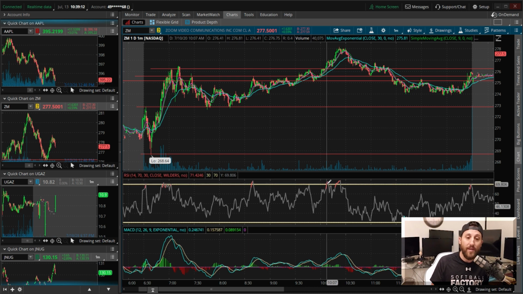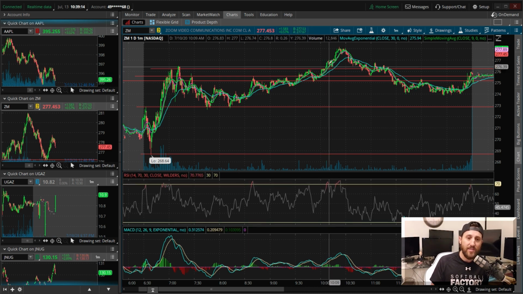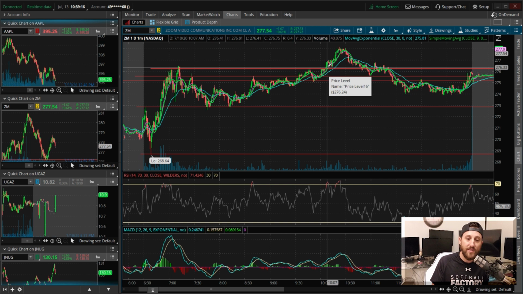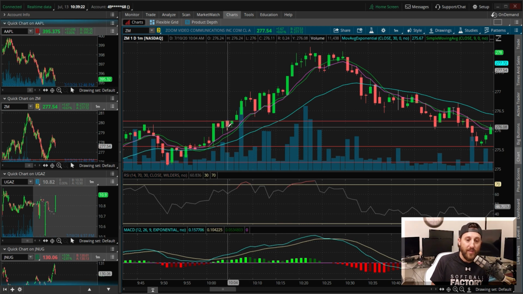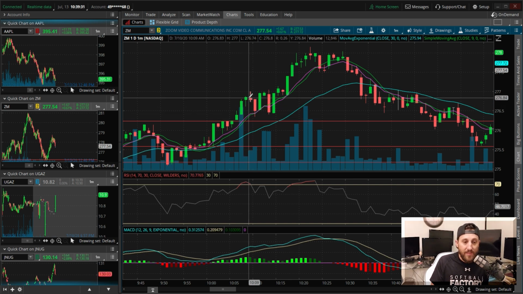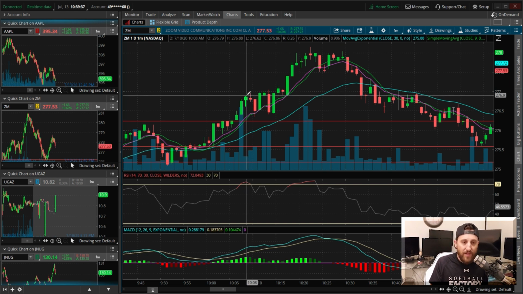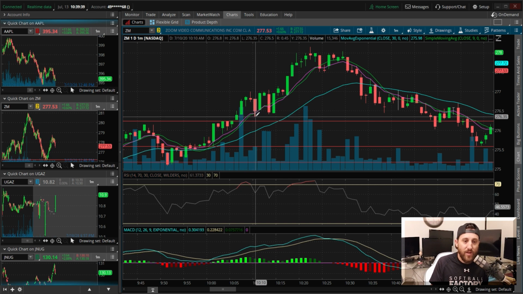Because you don't want to look at this one indicator and say, okay, I see a reversal here. I got a resistance line and it's really high. It doesn't matter. If we look right here, where was it? Right around here. Well, it did reverse a little bit right at this red as it wrapped around 276.90, and then it dropped down to 276.35.